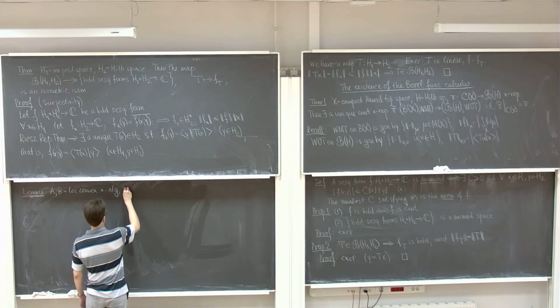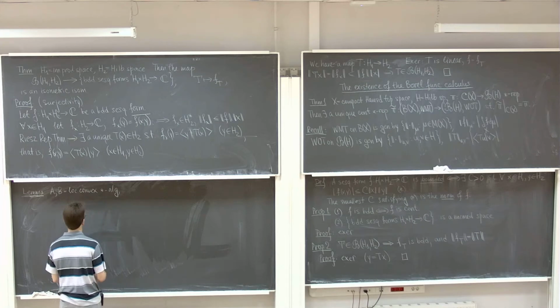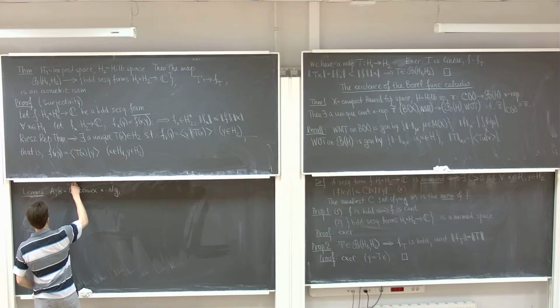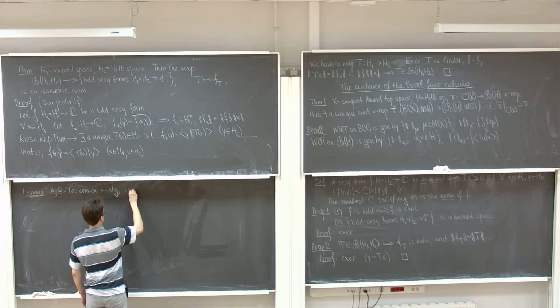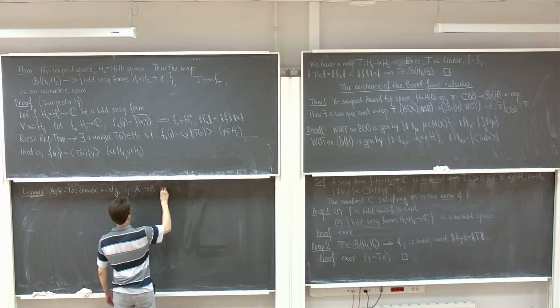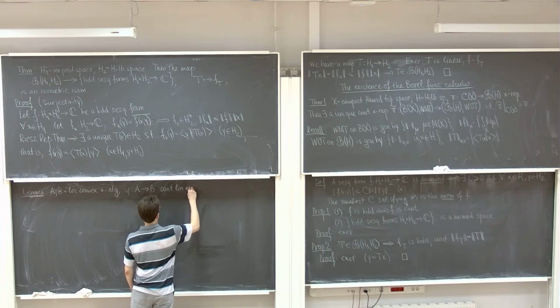And suppose that phi, well, we also assume that they are unital. And suppose that phi is a continuous linear map from A to B, continuous linear operator.